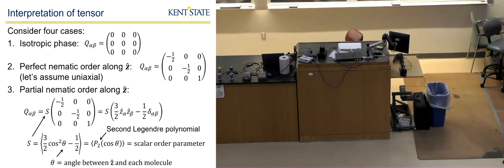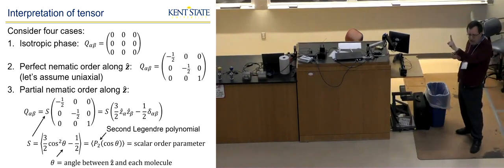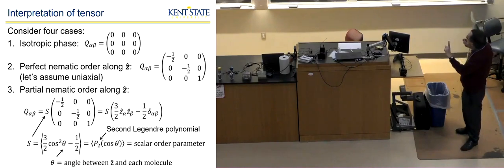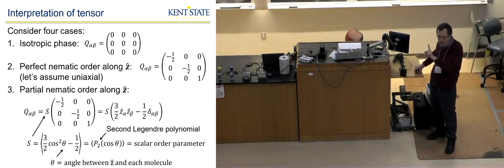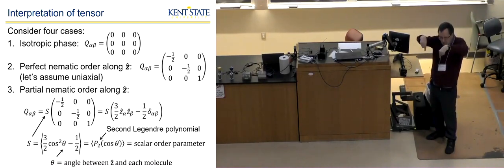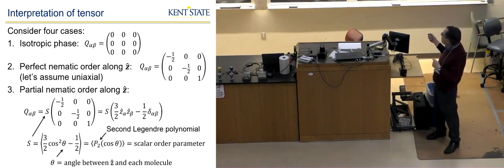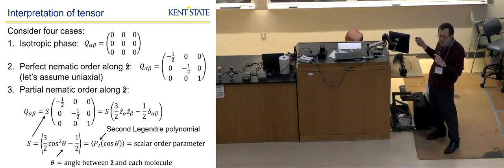The angle is the angle between each molecule and the director, which in this case is Z. So this average shows the quality of the nematic alignment: how well the molecules are aligned along Z. If they're all perfectly aligned along Z or negative Z, then theta is always 0 or 180 degrees, so the cosine is always plus or minus 1, and the cosine squared is always 1.